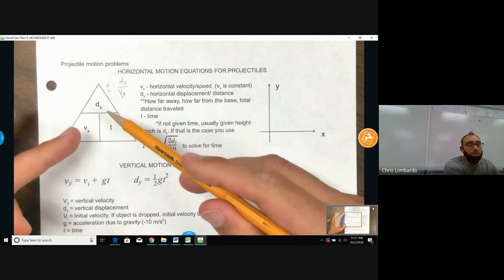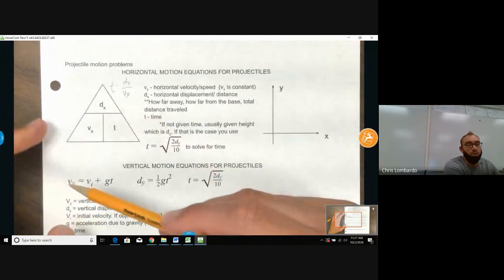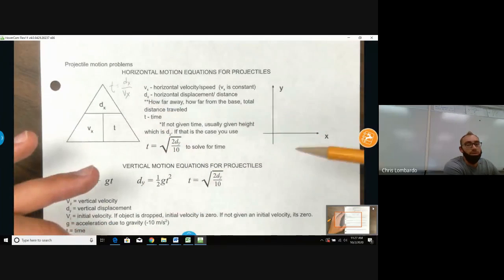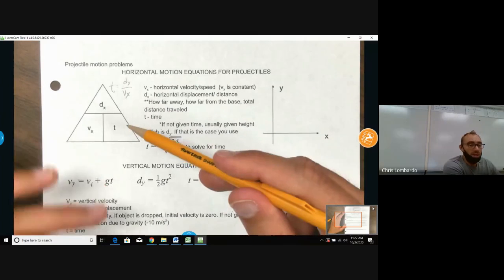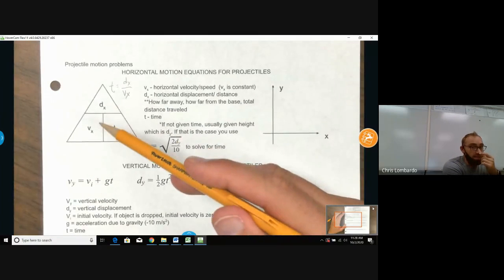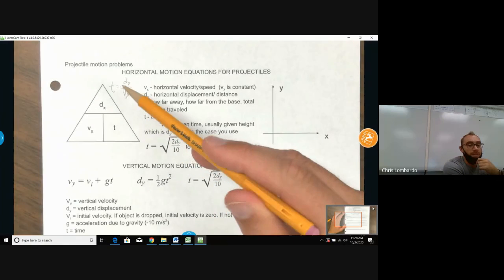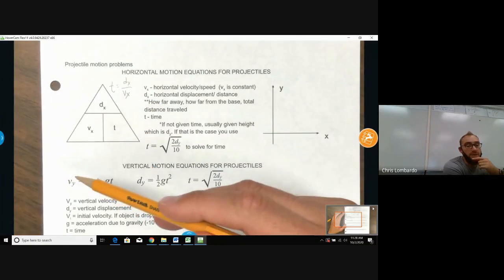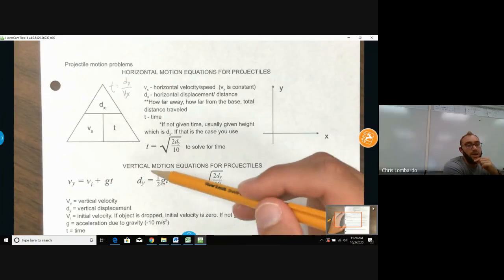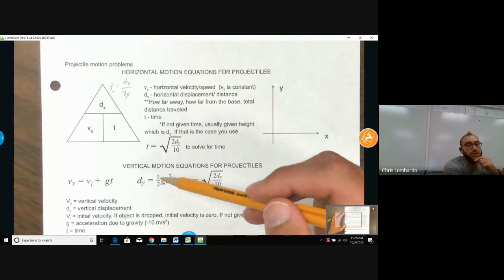Time. X's are horizontal, Y's are your verticals. So if you're given both dx and vx, you can use this equation to solve for time. And then time can help us find its vertical speed at a certain time, how far it has fallen.